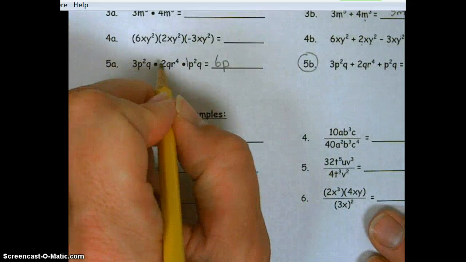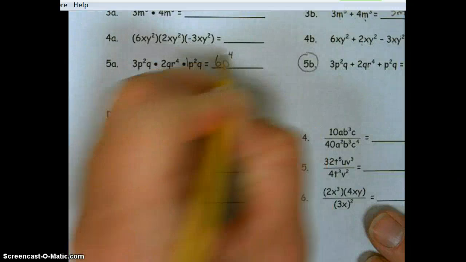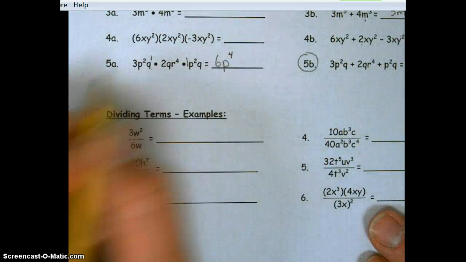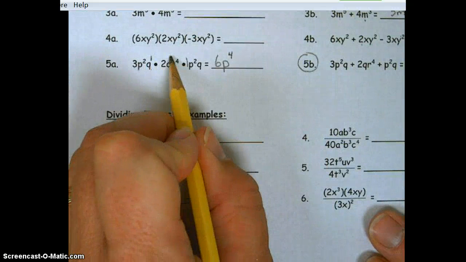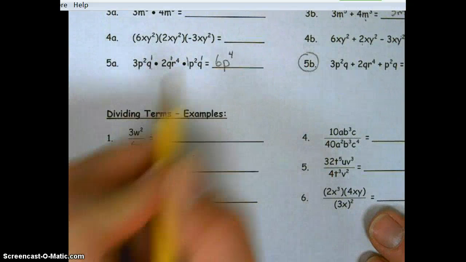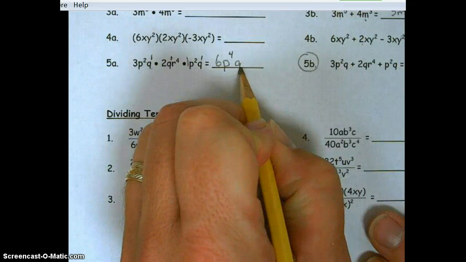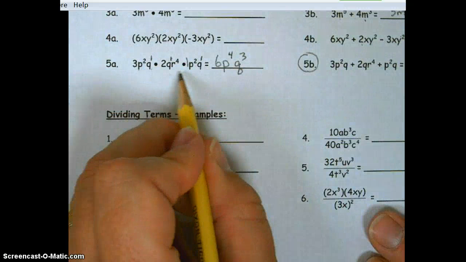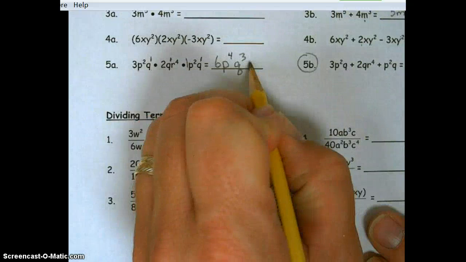So 2 plus 2 is 4. Q, that's to the first power, remember. So 1 plus 1 is 2, plus 1 is 3, so Q to the third. And the only variable that's left is R to the fourth.